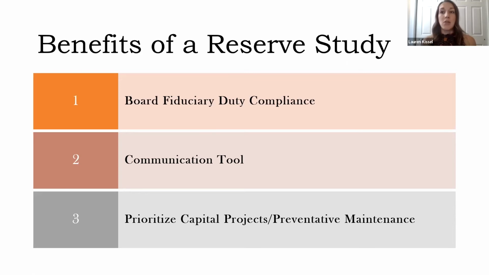It's not set in stone that, if your reserve study says your roof needs to be replaced in the next 5 years, maybe your roof lasts another 5 years after that, or maybe it fails 3 years from now. It's a general guideline and tool, so it does help you pay attention to some of those elements that might be coming up for replacement, and draws your attention to the future capital needs of the association.